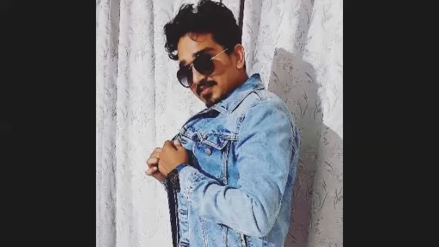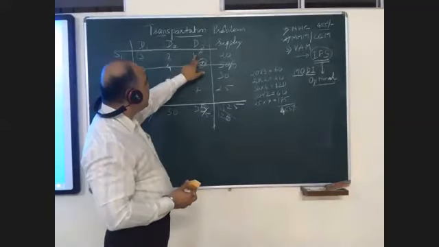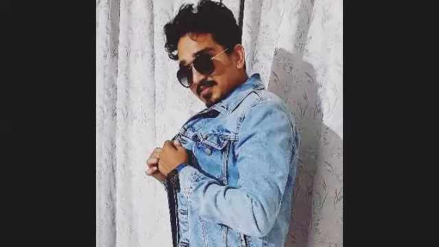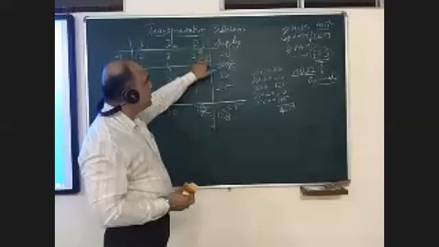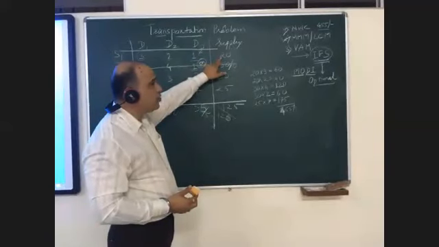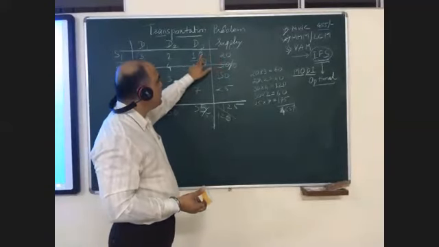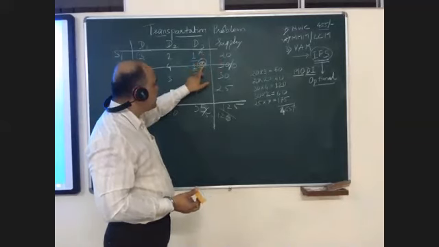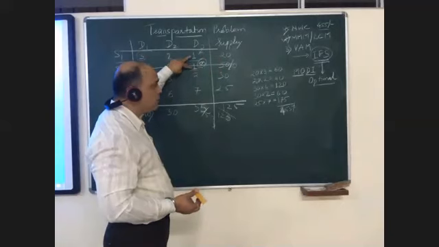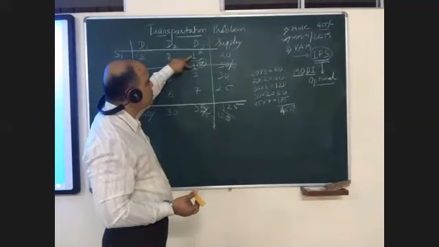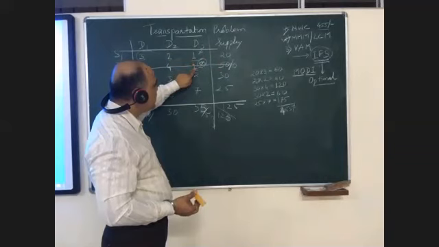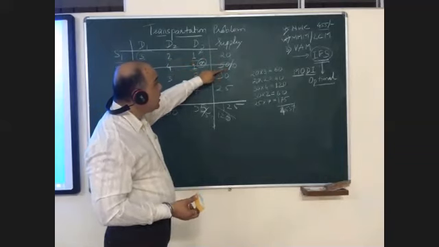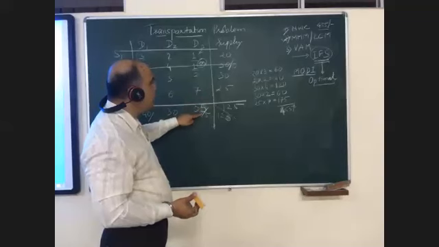Excuse me, sir. Yes, please. Why did you choose S2, sir? I don't understand that. Check this. If I allocate here, the demand is 55, whereas the supply is only 20 units. So how much can you supply? Maximum 20. Whereas if I consider this one, because both are minimum cost, both are 1, if I supply at this, I have 50 units and demand is 55.